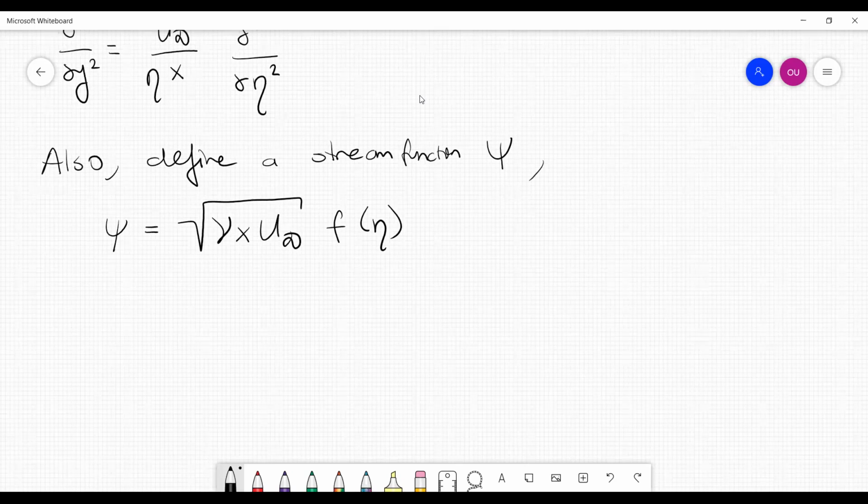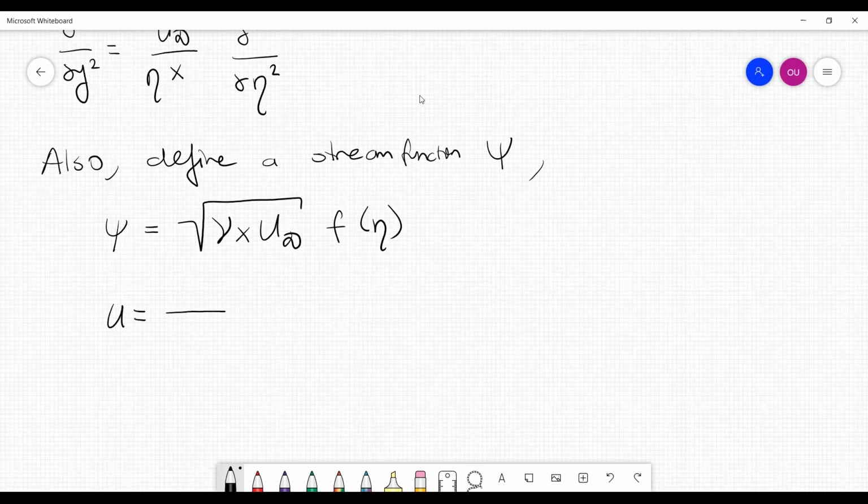Now this expression for the stream function, as Blasius defined it, is not, of course, randomly chosen. It can be shown that it identically satisfies the continuity equation. For example, how can we check this?